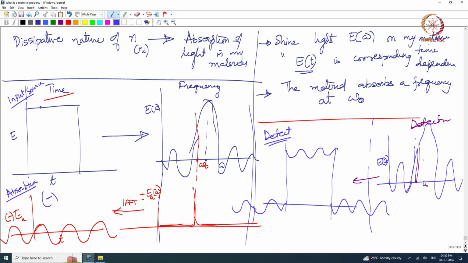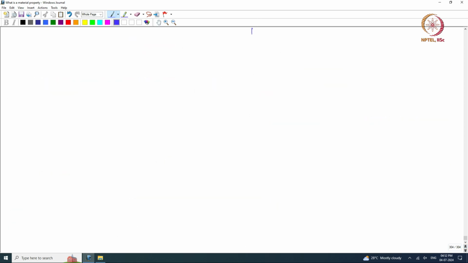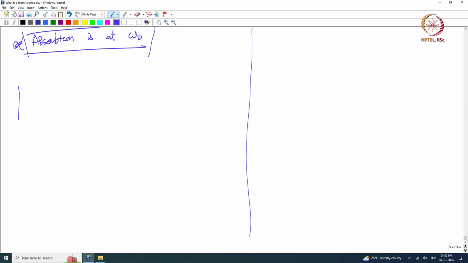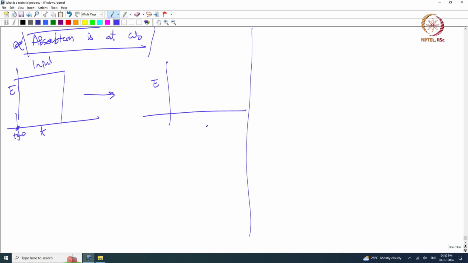If I have absorption only at a particular frequency, I will have materials where absorption is only at a particular frequency. Absorption is at omega naught, right. Then if I shine an electric field, this is the input, and this is the output, with t equal to 0 here, measuring the electric field as a function of time.